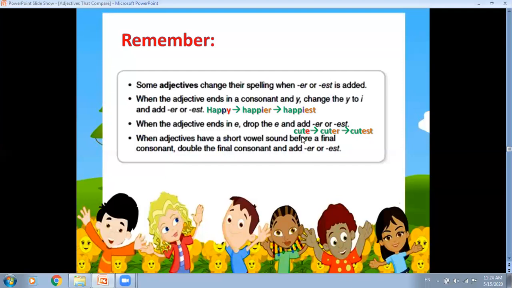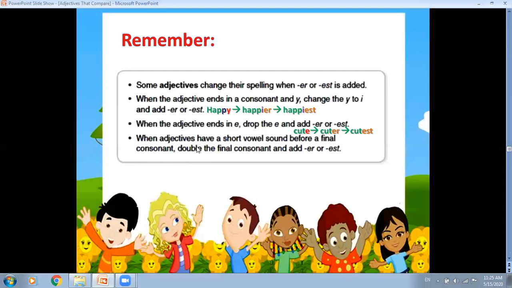I will repeat. You can drop the E and add ER, cuter. Drop the E and add EST, cutest. Or you can keep it. You can keep letter E and add only R or ST. You're free. Okay, we said that.